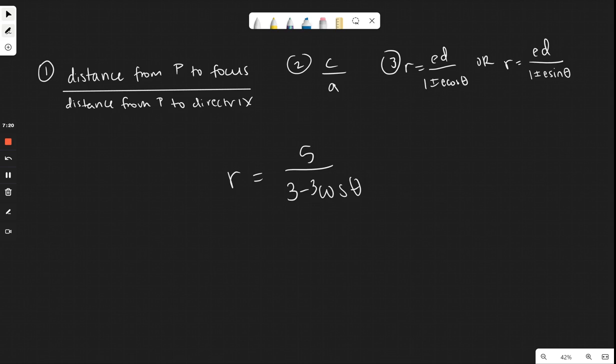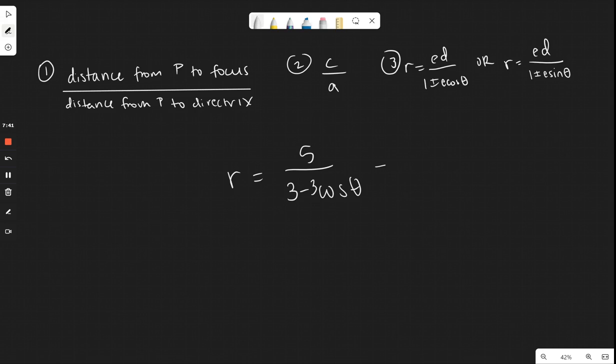So what we can do is, the rest of this is kind of variable, right? But the things that aren't variable are this 1 and this cosine. Cosine is fine, but this 3, we have to figure out how to turn it into a 1. So the easiest way to do that is to divide both the top and the bottom by 3.